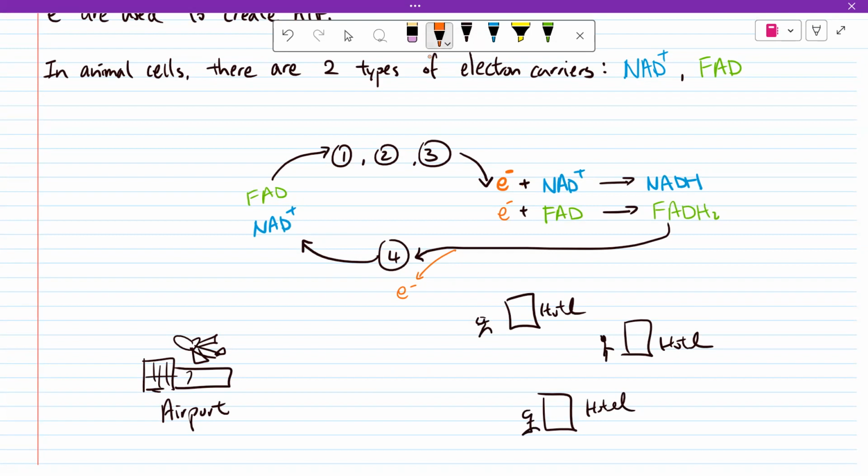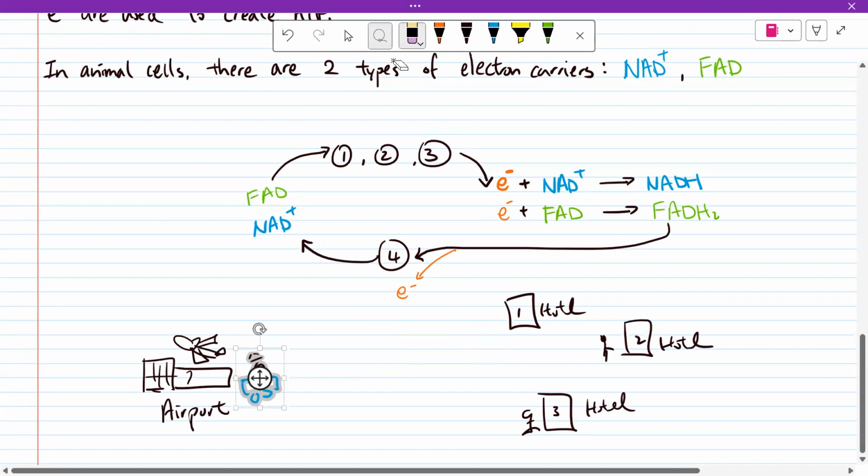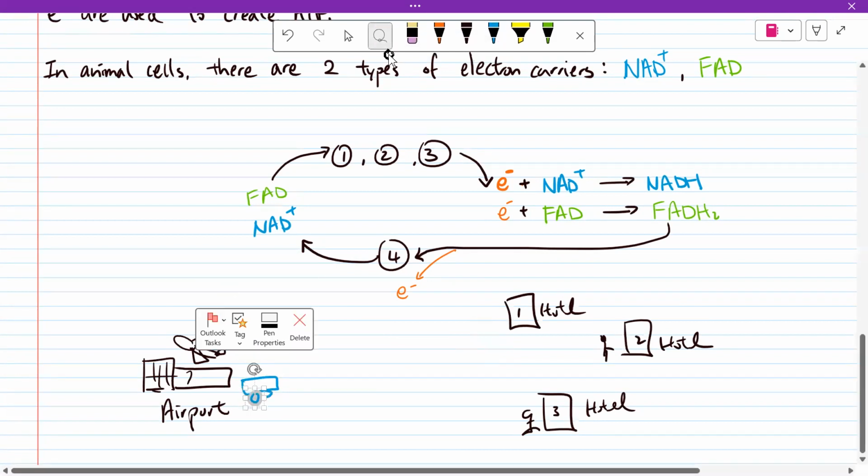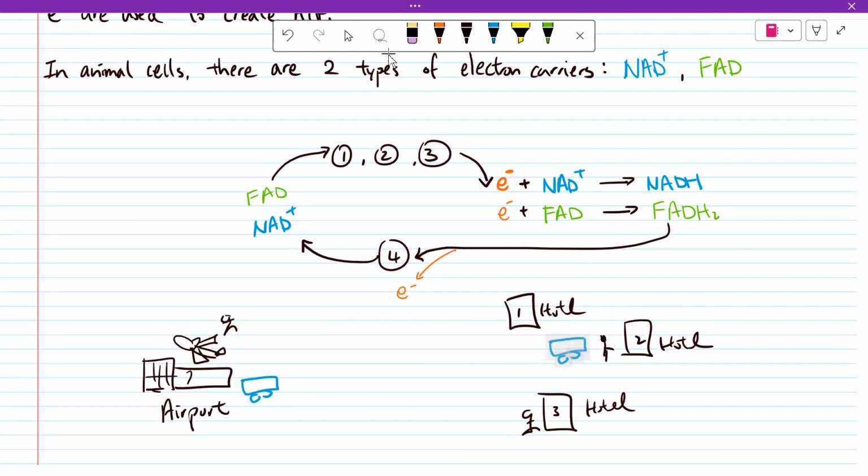There is going to be a taxi. A taxi will pick up the passenger from, say, hotel number 1, and then it drives them to the airport. The passenger gets off, and the taxi goes back to 1, 2, or 3.